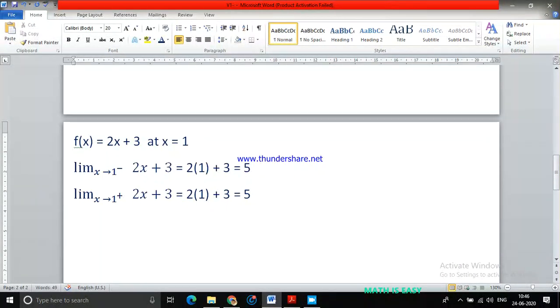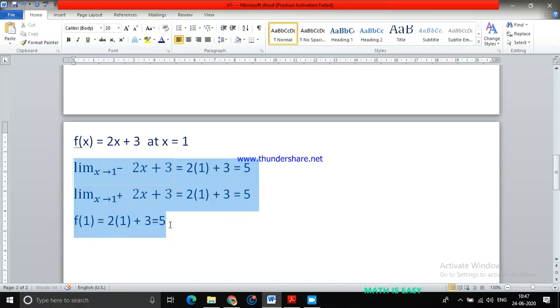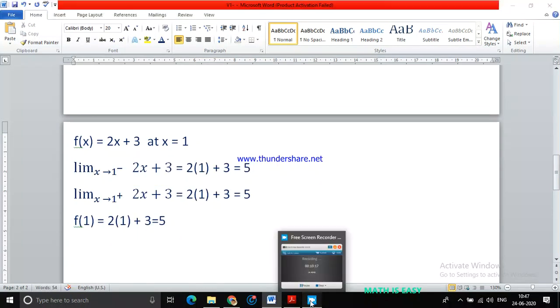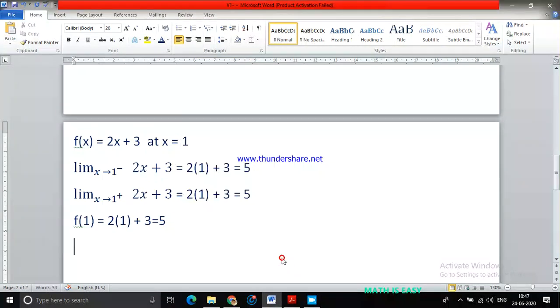Even at x equals 1, that is f of 1, the function is the same: 2 times 1 plus 3, which equals 5. So the left limit answer is 5, the right limit answer is 5, and the functional value is also 5. Therefore, f is continuous at x equals 1.